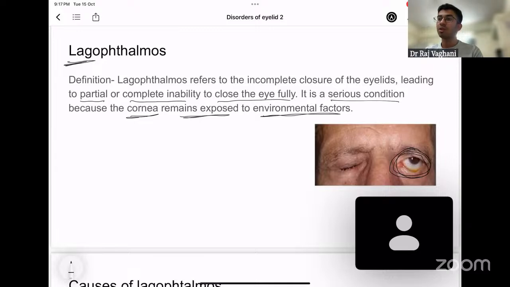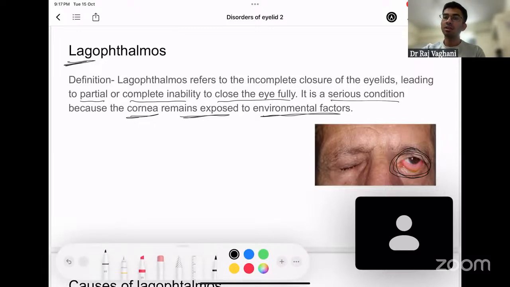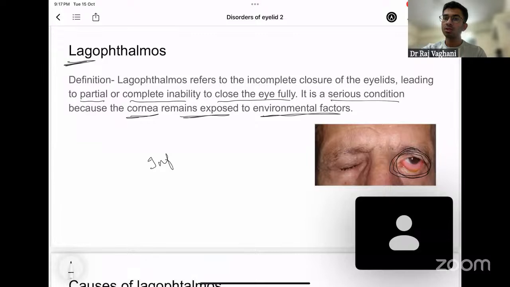What happens? The cornea will remain exposed to the outside, so dust particles, bacteria, all the things will enter the cornea and lead to infection of the cornea. The infection of the cornea is known as keratitis.